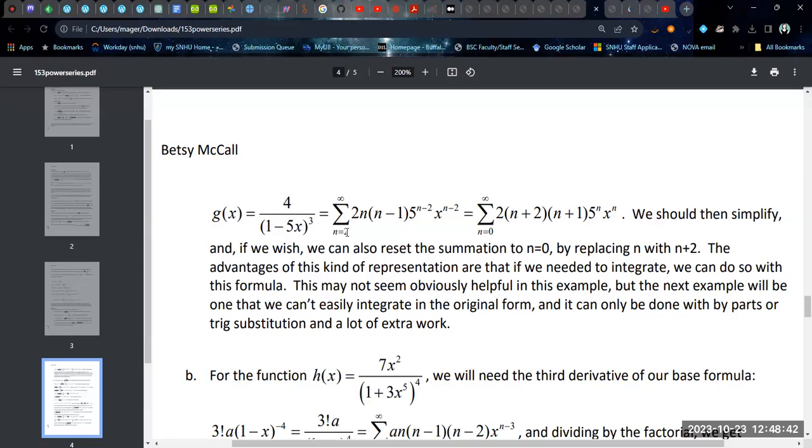Essentially, if I take 2 away from this, I have to add it back into the formula. Same thing for n minus 1. Here, if I plugged in a 2, I would get a 1, and here I need to get a 1 if I plug in a 0. So again, I shift it up by 2, and I get an n plus 1. And then my exponents, adding 2 back in, I get 5 to the n and x to the n, because when n was 2, 2 minus 2 is 0.